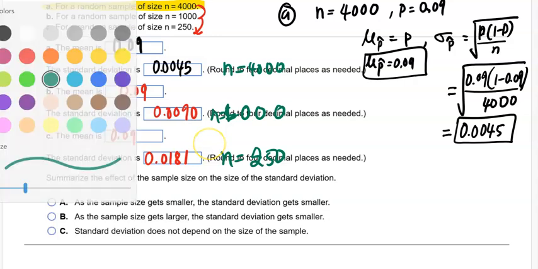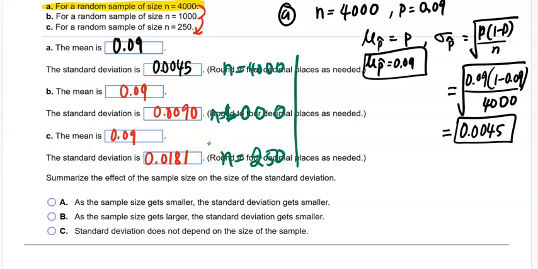What happens to the standard deviation as you increase the sample size from 250 to 1000 to 4000? This tells you that as you increase the sample size, the standard deviation gets smaller: 0.0181, 0.0090, 0.0045. So it decreases as you increase the sample size.